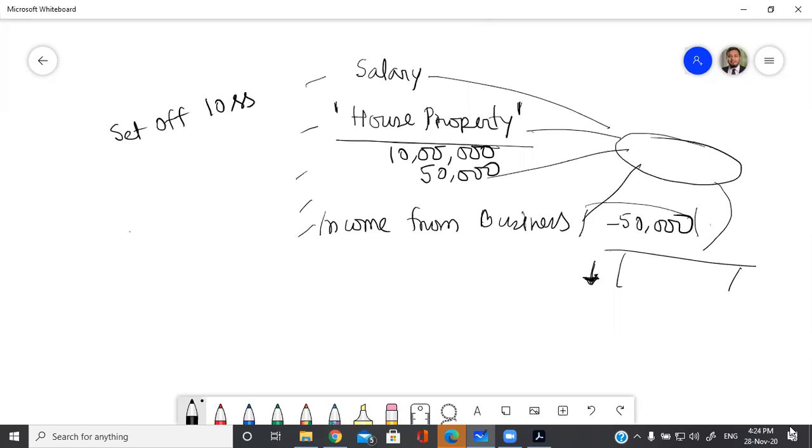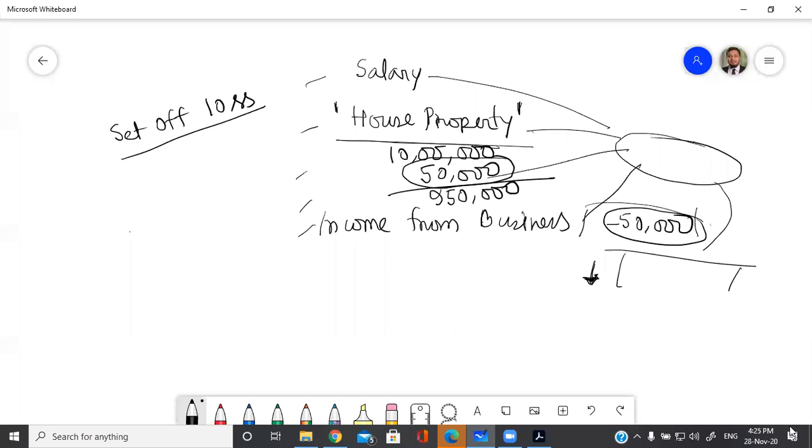You can reduce your house property income by the loss from business. In that case, your taxable income has become reduced. How has it become reduced? Because you have set off this 50,000 loss from business against the positive income from house property. So this concept is known as set off of loss.